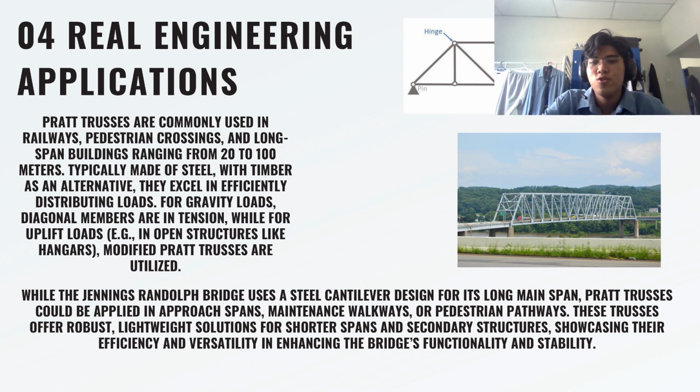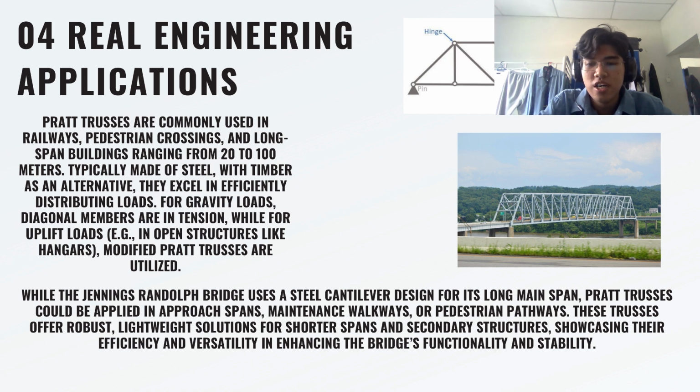Next, I'm going to present real engineering applications. Pratt trusses are commonly used in railways, pedestrian crossings, and long-span buildings ranging from 20 to 100 meters. Typically made of steel with timber as an alternative, they excel in efficiently distributing loads. For gravity loads, diagonal members are in tension, while for uplift loads, for example in open structures like hangars, modified Pratt trusses are utilized.